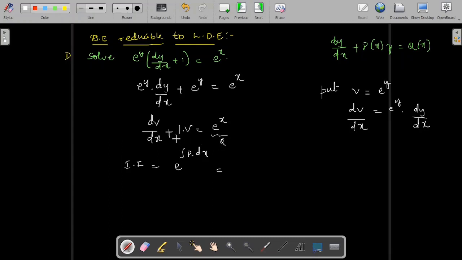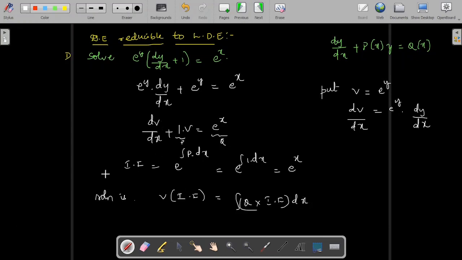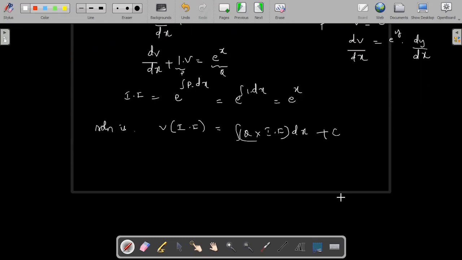So e to the power integral of 1 into dx is e to the power x. Therefore the solution is v into integrating factor, equal to integral of q into integrating factor with respect to x, because only the dependent variable changes, the independent variable is x in both cases, plus some constant of integration c.